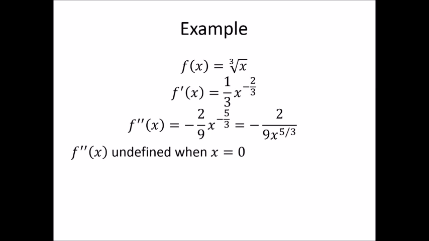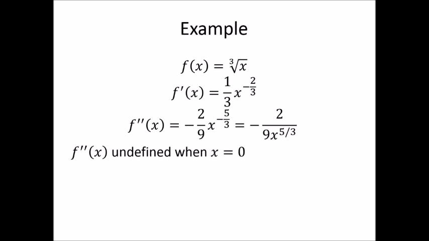I need to look for test points to the left and to the right and see what the sign on the second derivative is to the left and to the right of x equals 0. Well, when x is to the left of x equals 0, x is negative. And as I look at the term, basically I have a negative sign on the entire second derivative. It's -2/9, and then a negative inside the x to the 5/3, which is negative times a negative, so I get a positive number, which implies that the function is convex to the left.